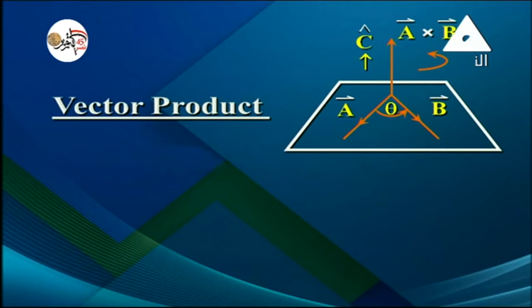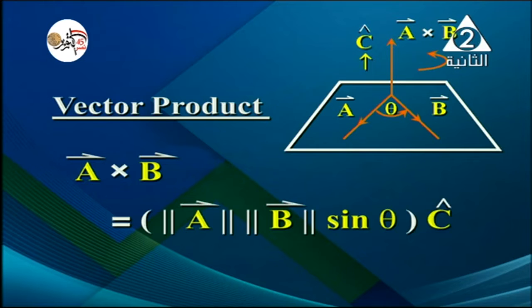My dear students, if we have two vectors A and B, with angle theta between them, then A vector cross B vector equals norm A, norm B sine theta. Remember, A scalar product B equals norm A, norm B cosine theta.